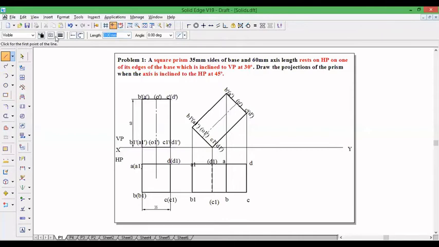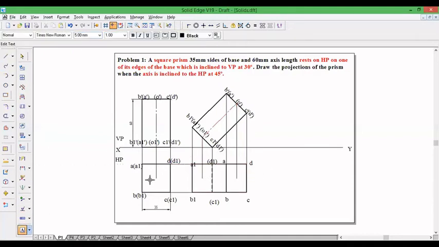Let us take projection line for the axis. So this is O1, and this is O. O is visible and O1 is going to be invisible.